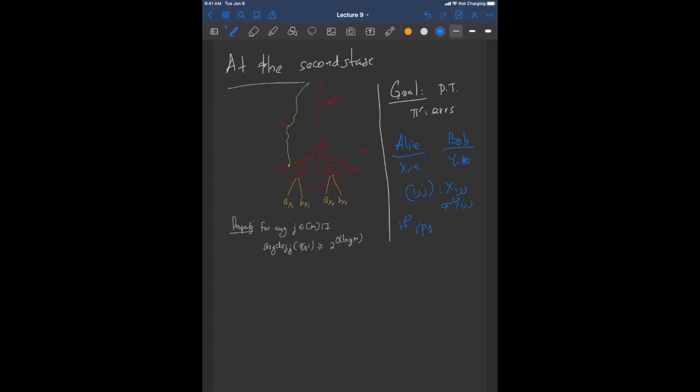Promise 1 is that a is not equal to b, and promise 2 is that for all i such that ai is not equal to bi, this implies that xi is not equal to yi.